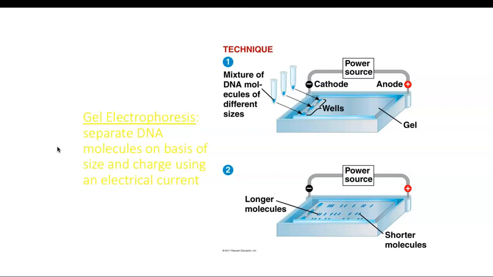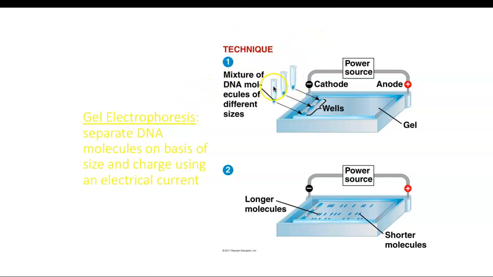All right, so remember we have this power source with a cathode and an anode. We put our gel, our little jelly block. We put our buffer solution, and then we had wells that we loaded with DNA. Before we could load the wells with DNA, we put restriction enzymes that were going to cut the DNA at very specific spots.